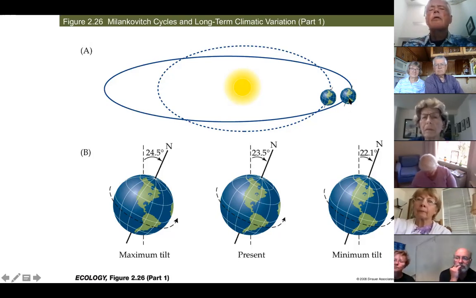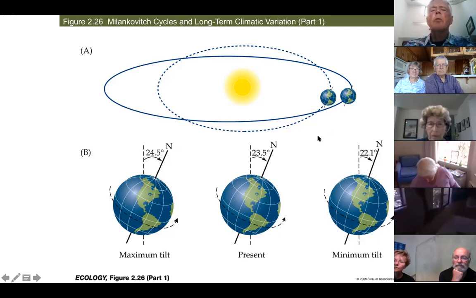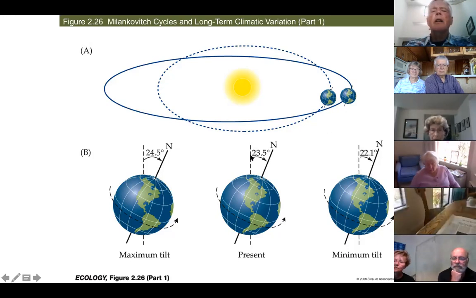The other question was, do we know why the axis of orbit varies? It's a wobble, sort of. It's described a lot of times as a wobble. But is it like when a top runs down and it starts to wobble? What is it that causes that, or is that even known?